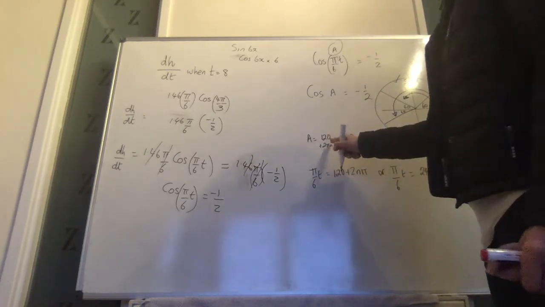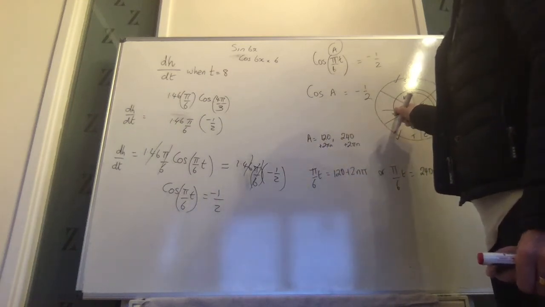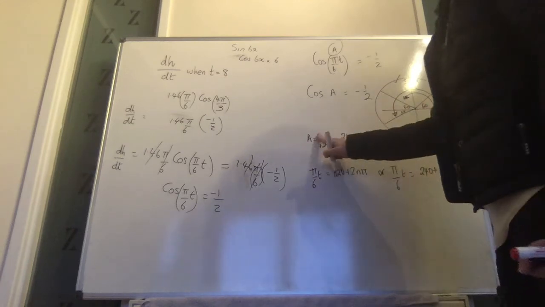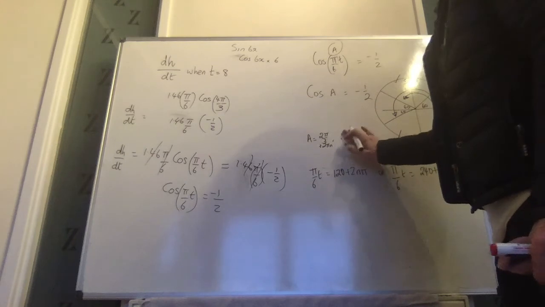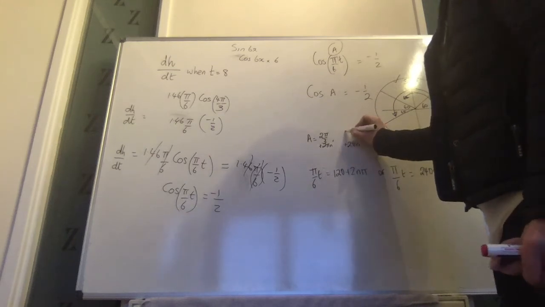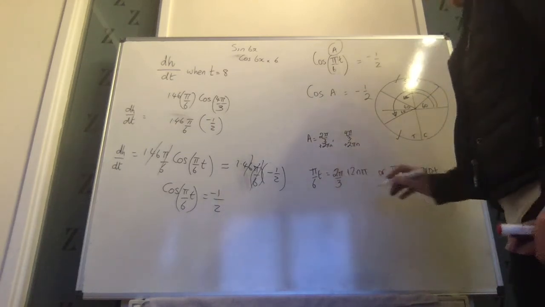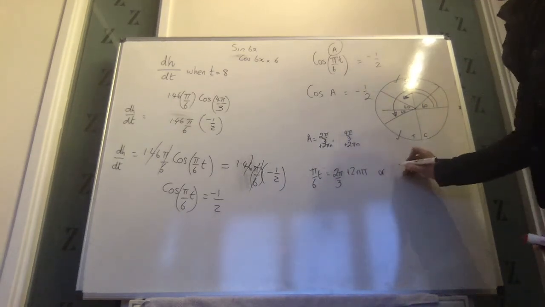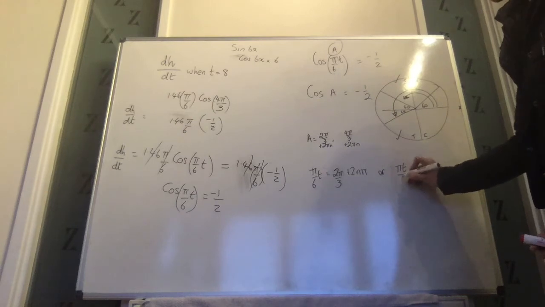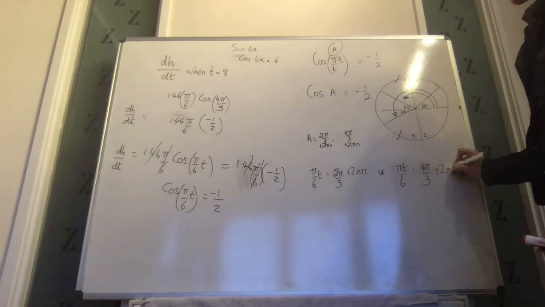Sorry, I should have put them into radians as well. 120 is pi take away pi over 3, so that's 2 pi over 3, and 240 is 4 pi over 3. So pi t over 6 equals 2 pi over 3 plus 2n pi, or pi t over 6 equals 4 pi over 3 plus 2n pi.